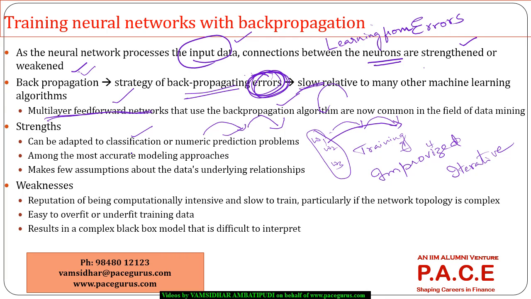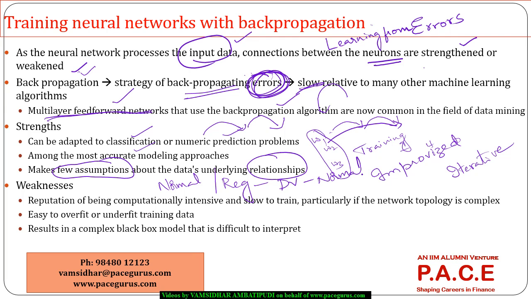They are probably one of the most accurate approaches. And the biggest advantage is they don't make any assumptions regarding the data and even the relationships. So there is no need that the data has to be normal, whereas my regression model typically assumes that my dependent variable is more or less normally distributed.